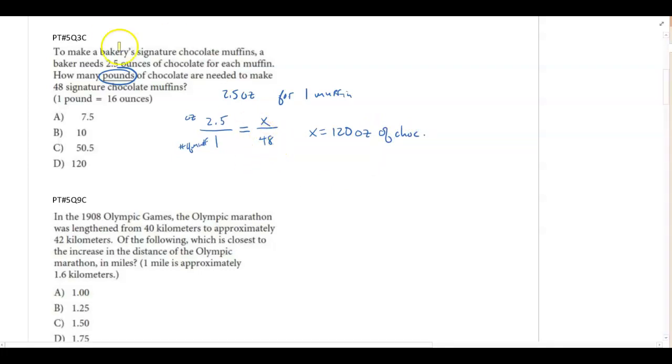But the question is asking how many pounds. So we're going to take the number of ounces and divide it by 16. 120 divided by 16 would give you 7.5 pounds of chocolate, letter A.